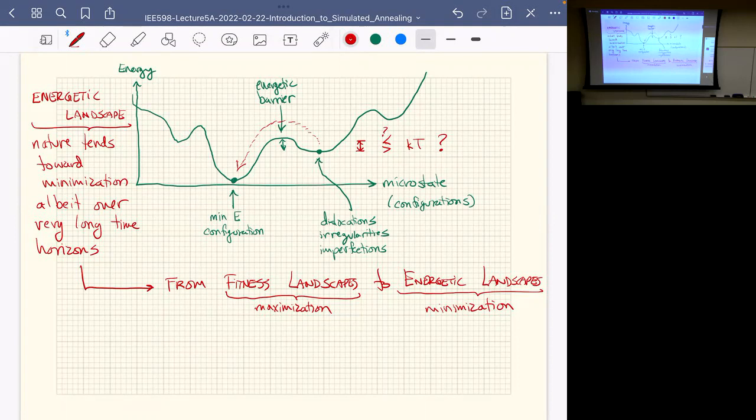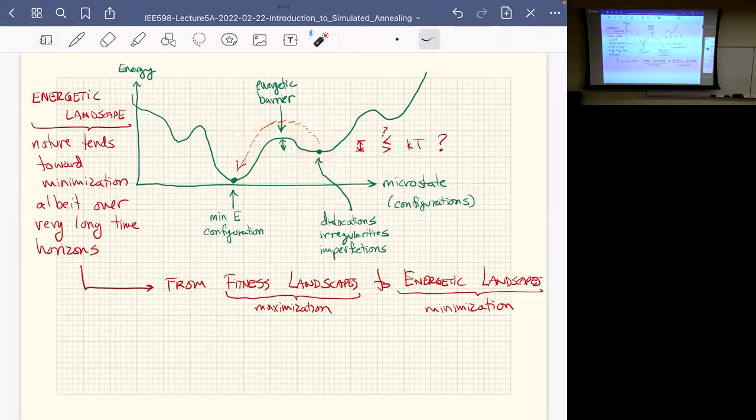Yes, so temperature captures this idea of the kinetic energy inside a material. So at higher temperatures, you have higher kinetic energy, more ability to jump over these little barriers and dislodge themselves out of these states.